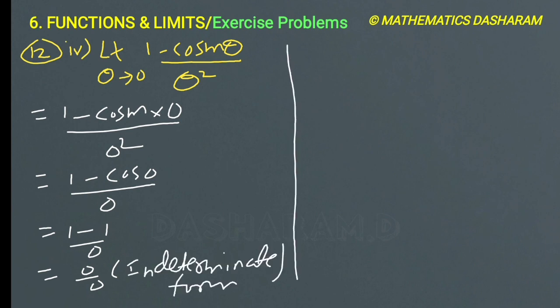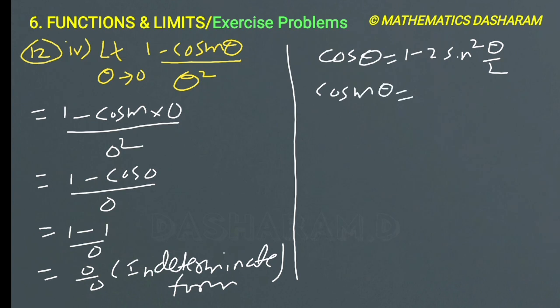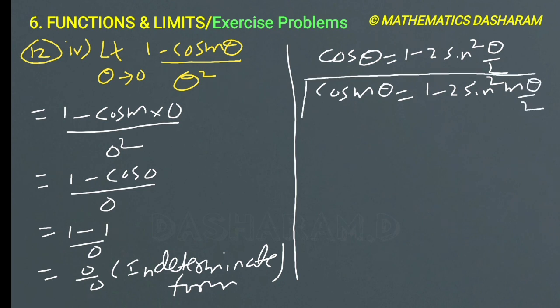Then we have one formula: cos theta equals 1 minus 2 sin square theta by 2. Then cos m theta equals 1 minus 2 sin square m theta by 2. So use this formula. So then limit theta tends to 0.